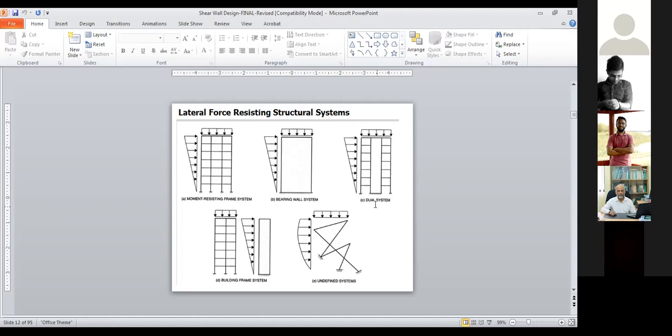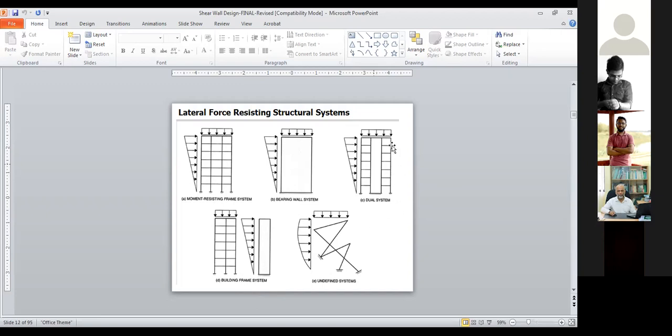But in the case of the dual system, at least 25% of the horizontal load is to be taken by the frame system. That is one of the requirements for the dual system. In the case of the building frame system, both actually work separately: your frame system will take the vertical load, and your shear wall will take the horizontal load.